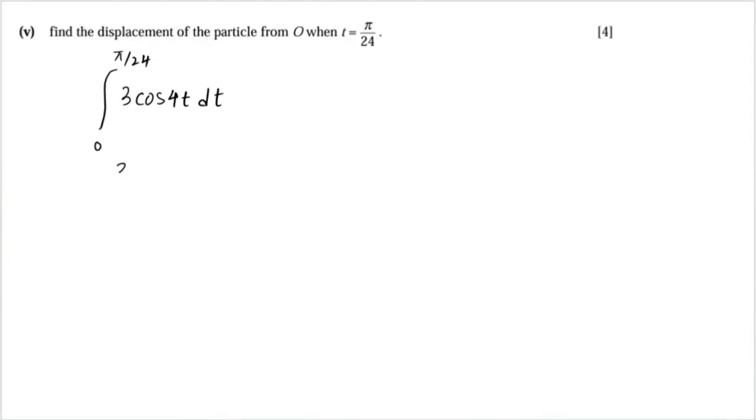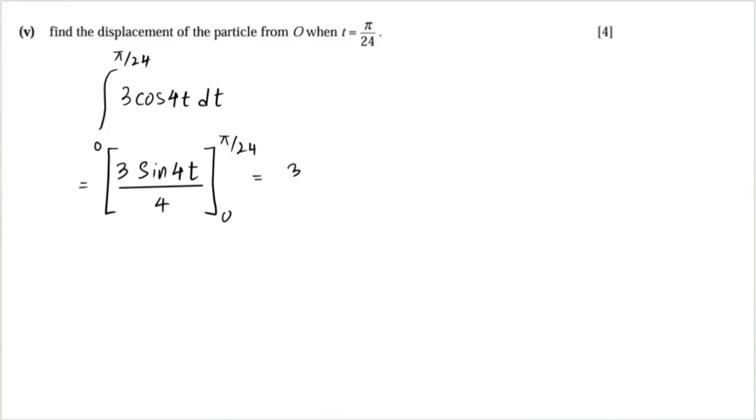We don't need to do anything with the 3. Sine's derivative is cos 4t, so cos integration is going to be sine 4t. But do not forget that you need to divide it by the derivative of the angle. That is how you integrate these kinds of trig functions, 0 to pi over 24. These are the limits of integration.